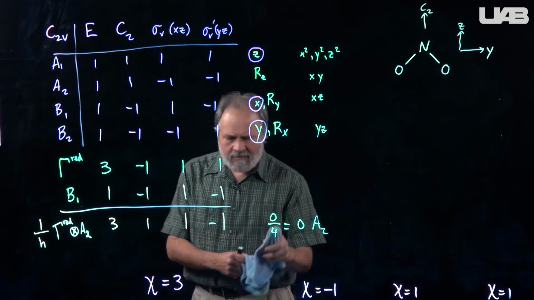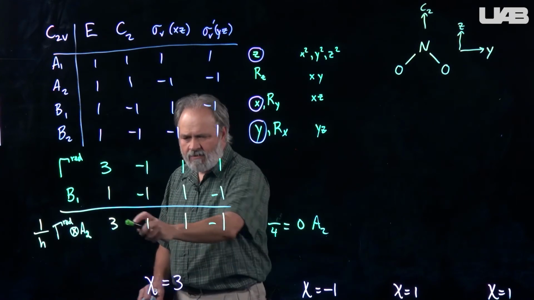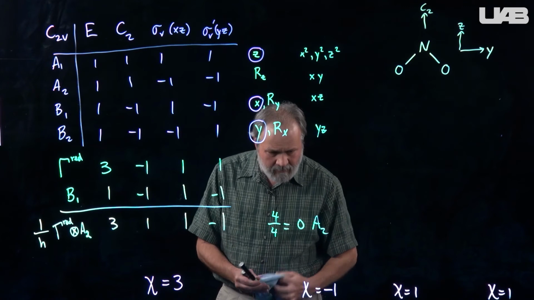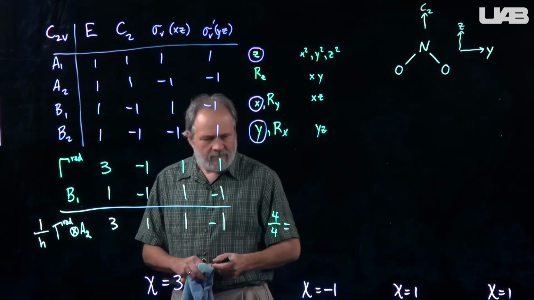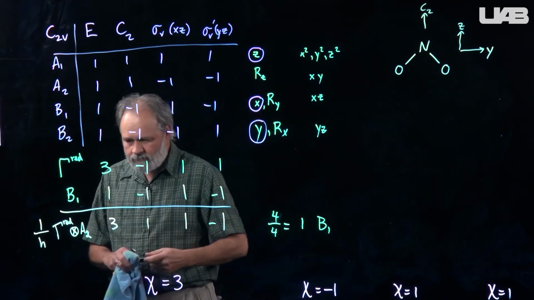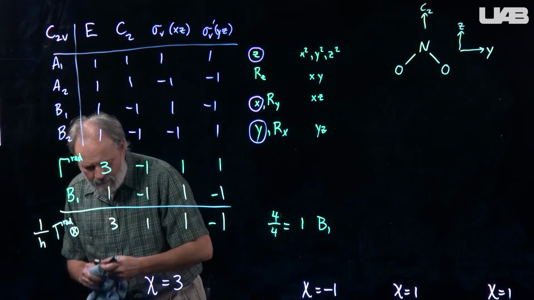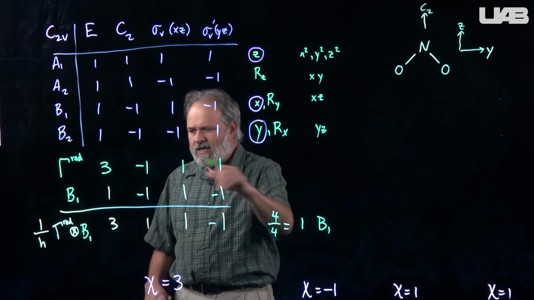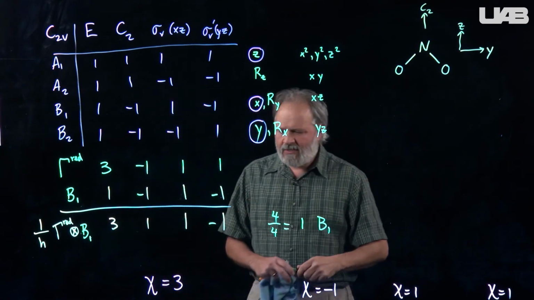And now the sum is going to be 4. And now there is 1 B1. So just to recap, take the reducible times the irrep you're interested in, add them all up, divide by the order of the group, and get how many there are.